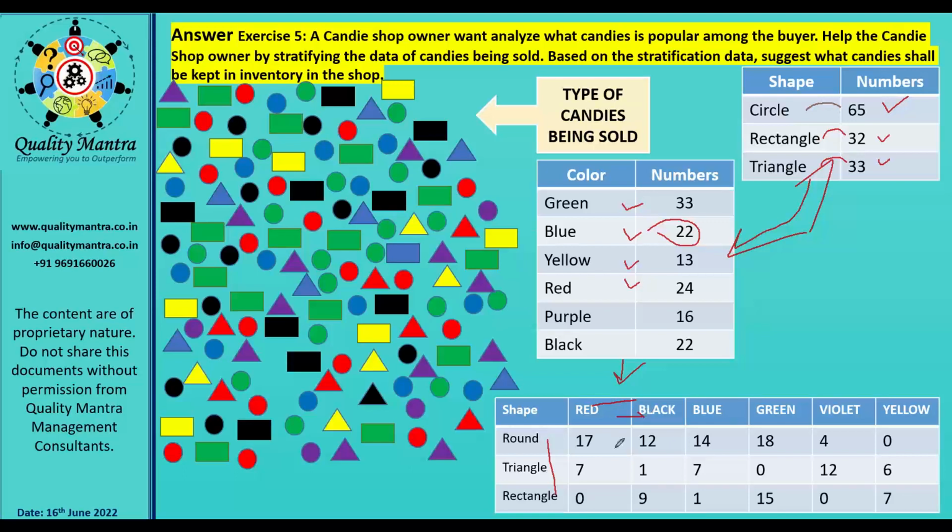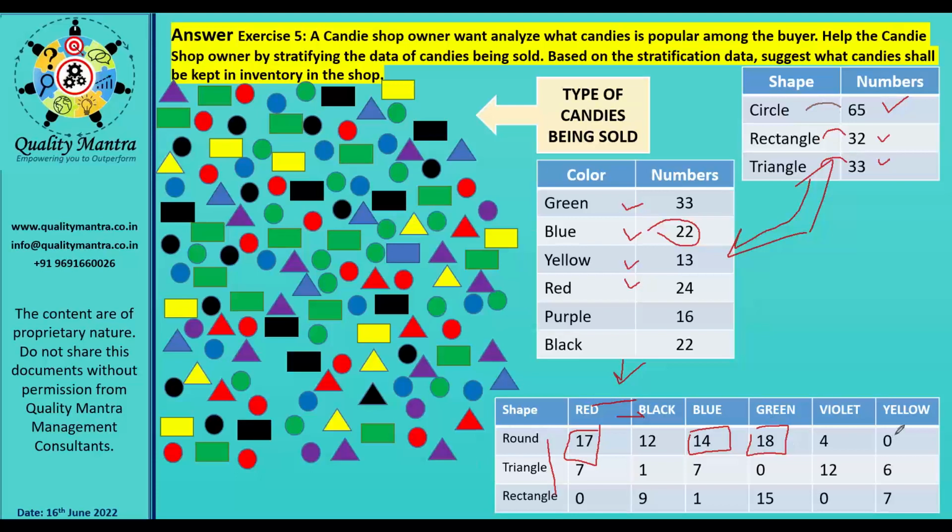Now you can see a compiled data at one place. From here you can take the decision. So you can say that the red and the round is having 17, whereas the blue and round is having 14. Green and round is 18.